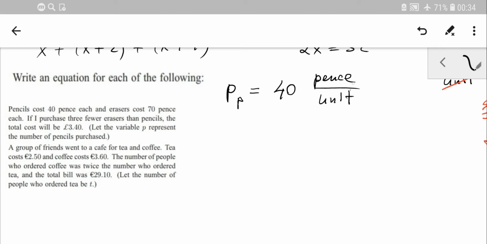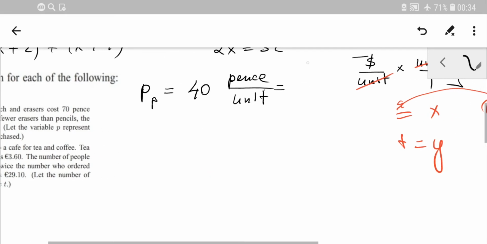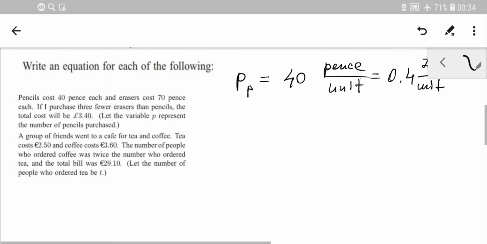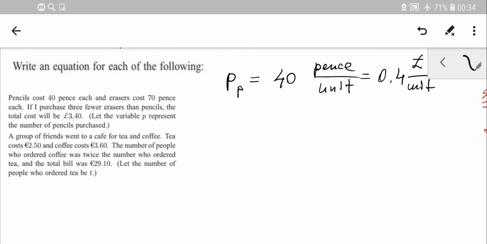Of course, you can convert immediately into pounds: 0.4 pounds per unit. Maybe it works properly because in the end you'll have 3.40 in pounds. So, the unit price for erasers, index E, means erasers.